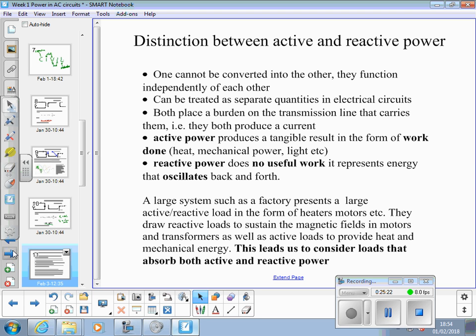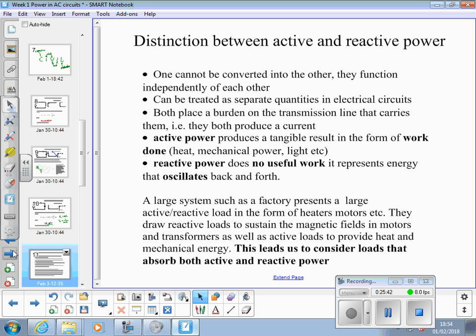Active power produces a tangible result in the form of work done, heat, mechanical power, light, etc. Reactive power does no useful work. It represents energy that oscillates backwards and forwards for magnetising and charging current.